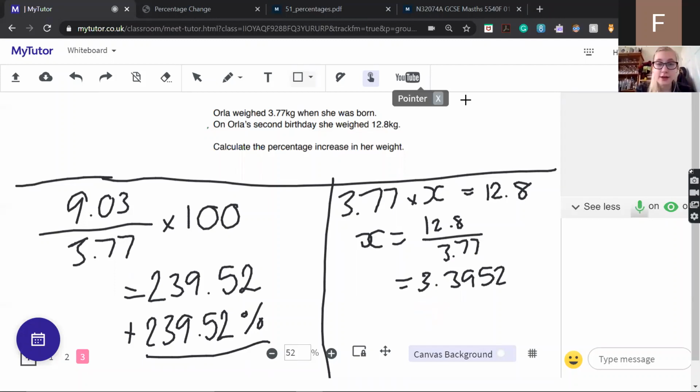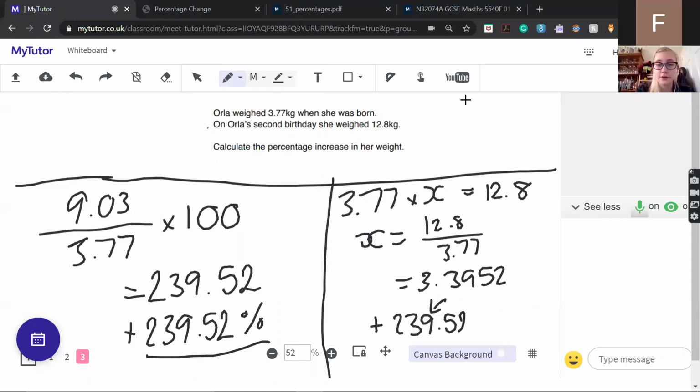So this directly translates to plus 239.52%. So we get the same thing each time. Hopefully that makes sense. Don't worry if you only understand one of these methods, you only need to understand one.